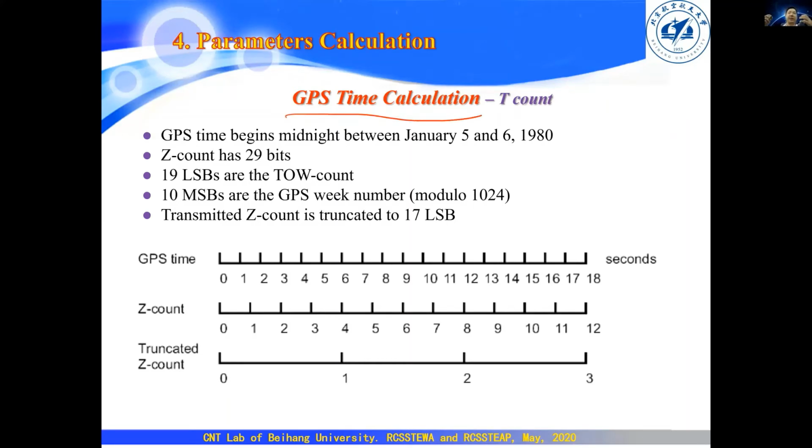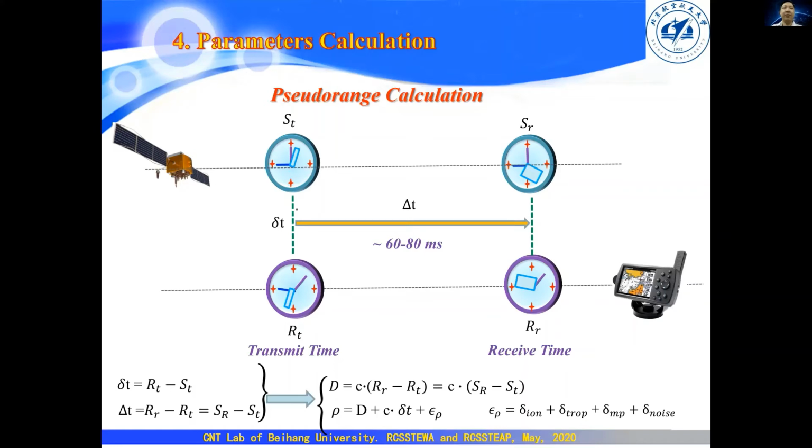For example, the satellite will say this is time 0, this is time 1, this is time 2. When you receive this signal, you will know what time it is, and then you can know the corresponding time. We call this the GPS time. You can know the GPS time by receiving the data from the satellite. And after you receive the time, with your local time you can work out how long the signal took to propagate, the delta time.